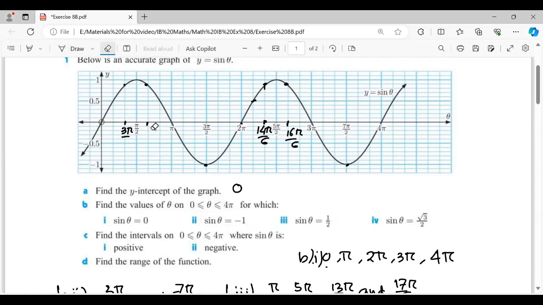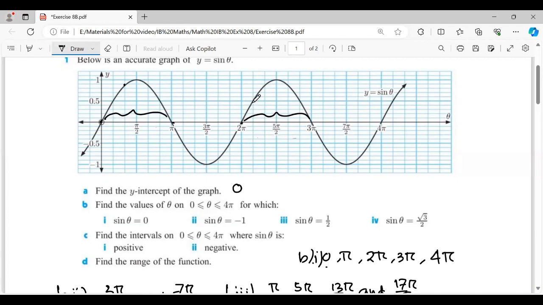Sine theta is positive as long as it's in this interval and this interval, because the values of sine theta go from 0 to positive and then back to 0 here, and this one as well.